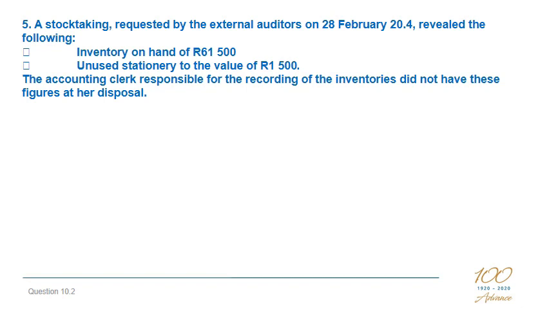A stock taking requested by the external auditors on 28 February 20.4 revealed the following. So now they tell us they saw with their eyes that inventory on hand was 61,500 and the unused stationery amounted to 1,500. They only have stationery and inventory of 65,000 and 6,520.